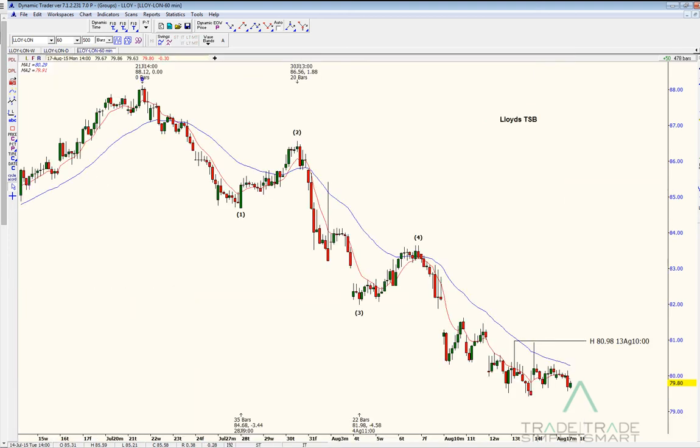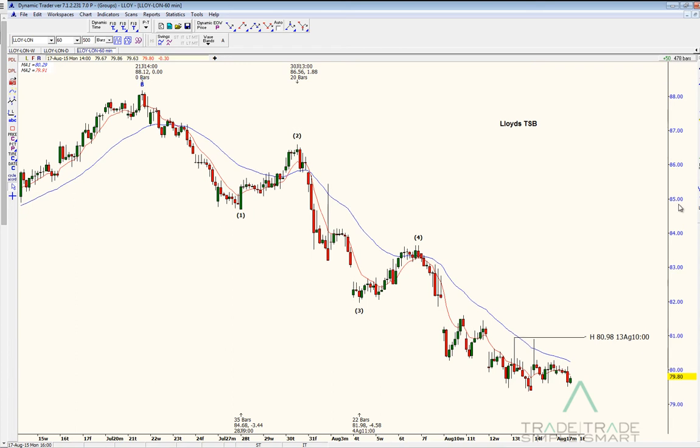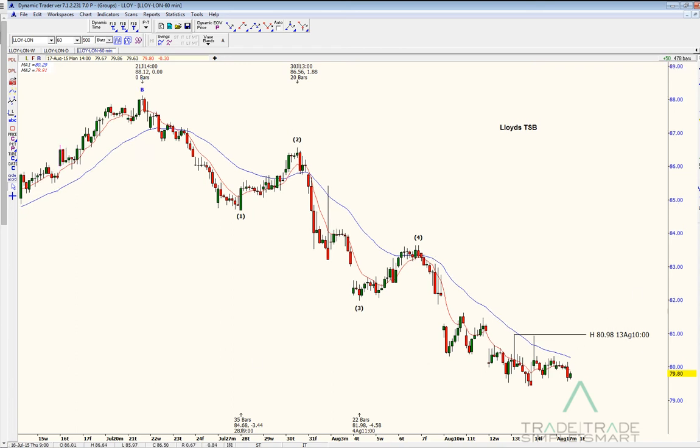During the dates that we've uncovered, we'll be looking for a moving average cross, and also a take out of a swing high. We can currently see that the two moving averages are uncrossed, but the distance between them is narrow. Once we see a cross here, we'll be looking for a violation or a closing beyond the level of 80.98.